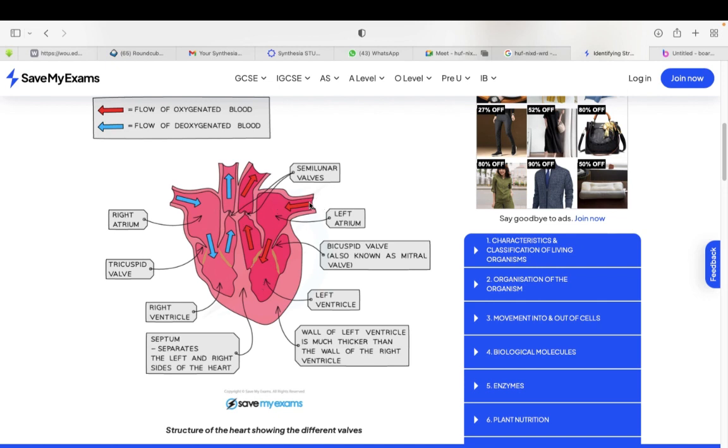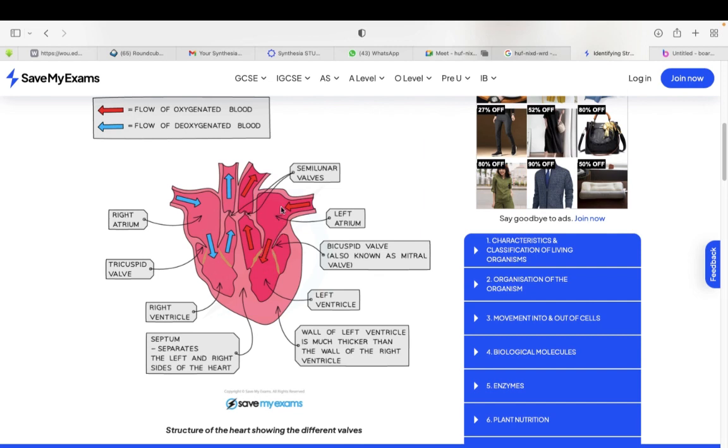The oxygenated blood coming from the lungs enters through the left atrium. When it gets there, this atrium will contract. When the left atrium contracts, this oxygenated blood flows into this left ventricle. Now, when the left ventricle contracts, this bicuspid valve will close.